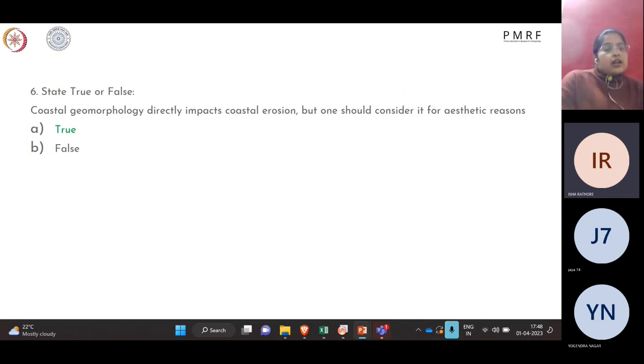So in terms of considering the direct impacts like coastal erosion, you should also consider it for aesthetic purposes, like the satisfaction of tourists and other people who will be visiting these places. If it's not maintained for aesthetic reasons as well, it is going to cause a decrease in the number of tourist influx coming in. So the statement was true.